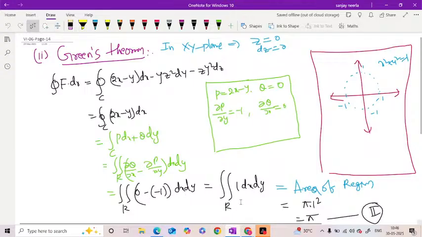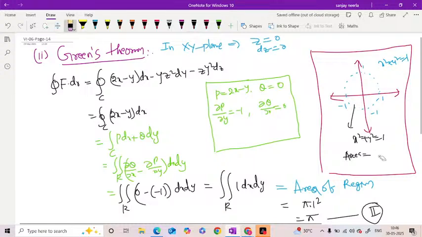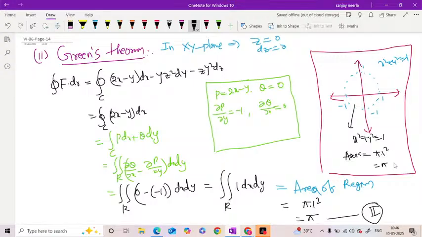So the double integral of 1 dx dy is the area of the region, which is the circle x square plus y square equal to 1. Area of this region is 2 pi 1 only. Sorry, that is the perimeter. So the area is pi 1 square, so pi is the result.